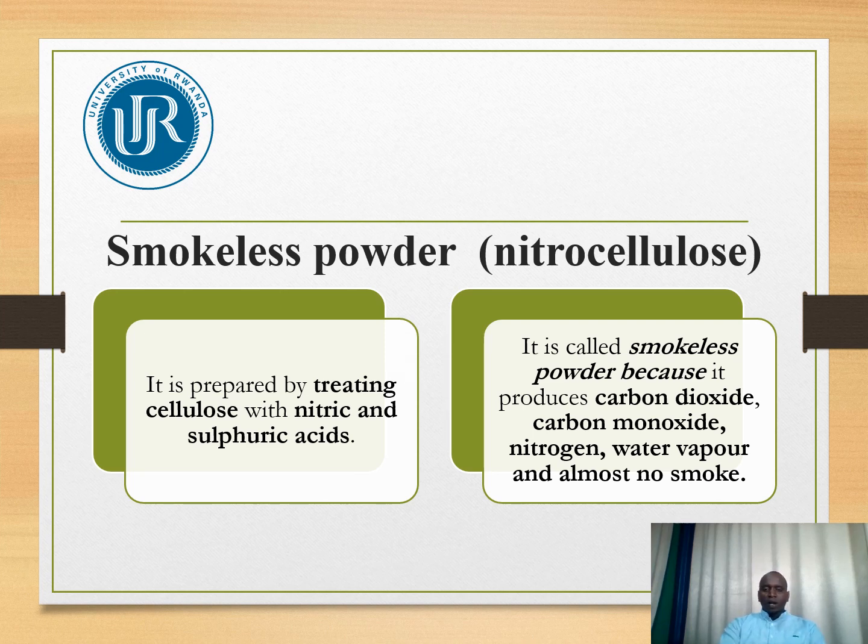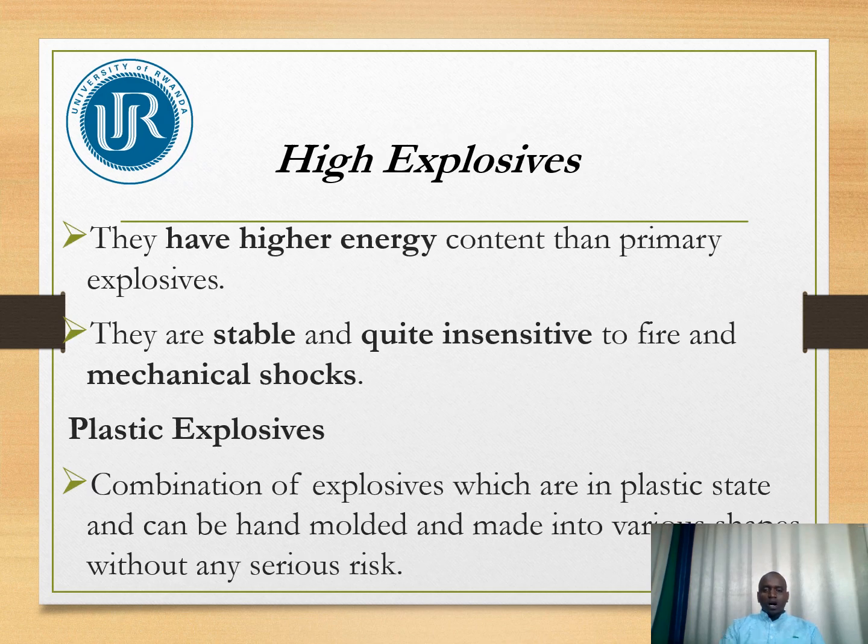So high explosives, as I told you, have a higher energy content than low explosives, and even the primary explosives are in the high explosive class, as we will see later on. They are stable and quite insensitive to fire and mechanical shock.